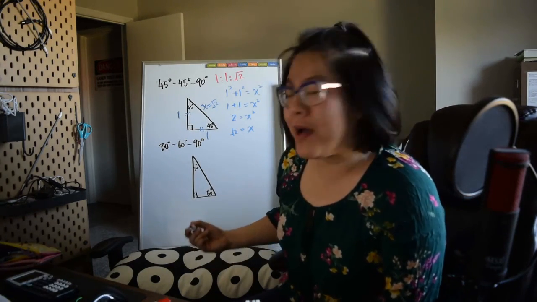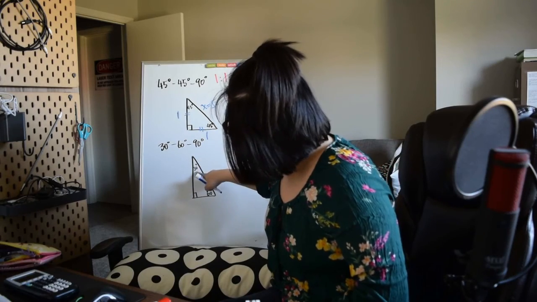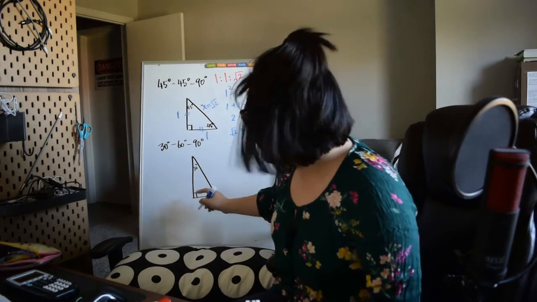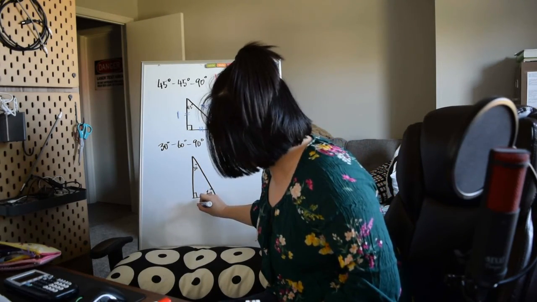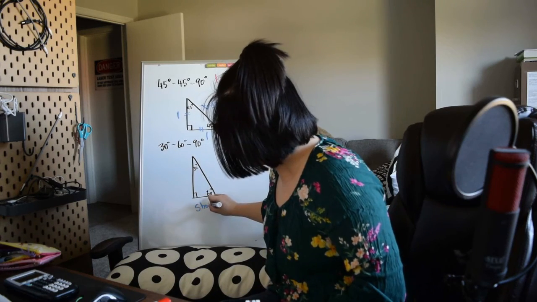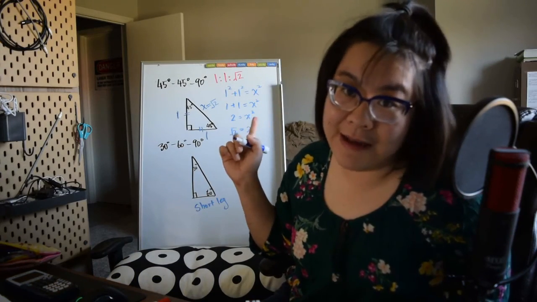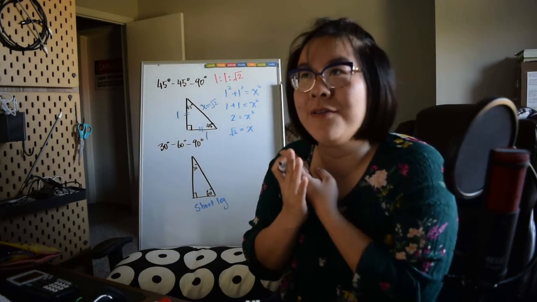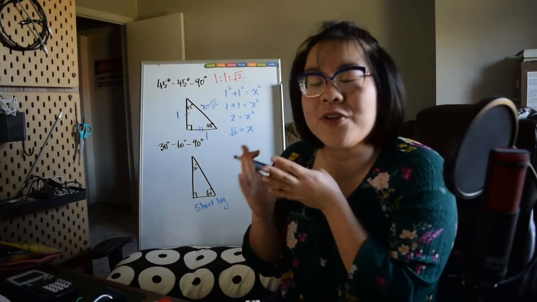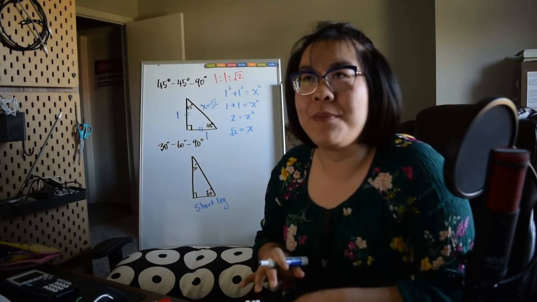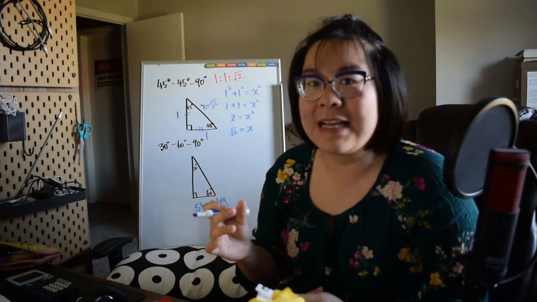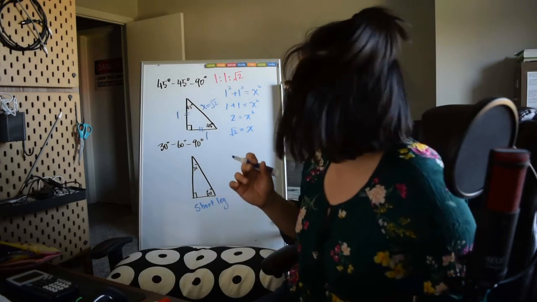So the second one, the ratio. In the last triangle, you only have 2 legs, and the 2 legs are the same size, so there will not be a short leg and long leg. You can just remember it as leg, leg, hypotenuse is 1, 1, radical 2.